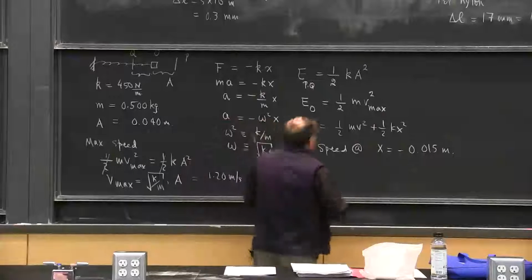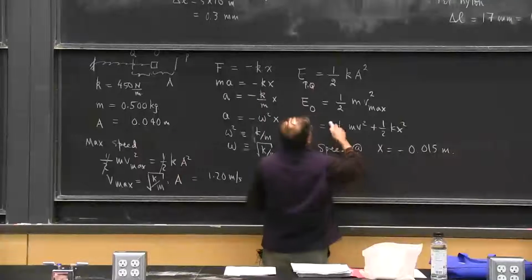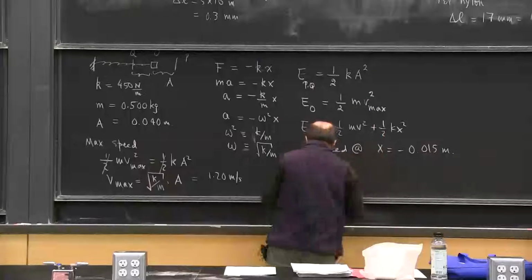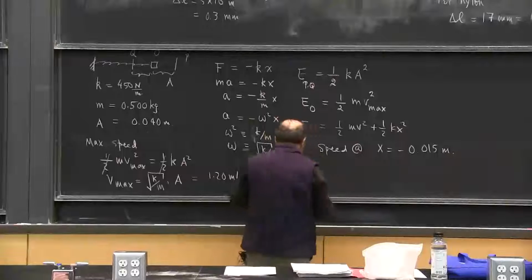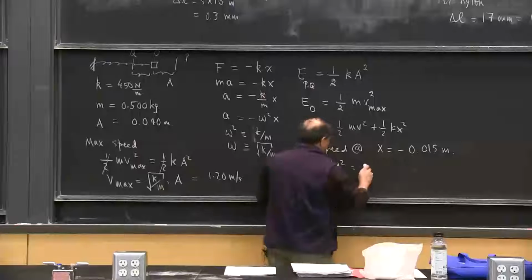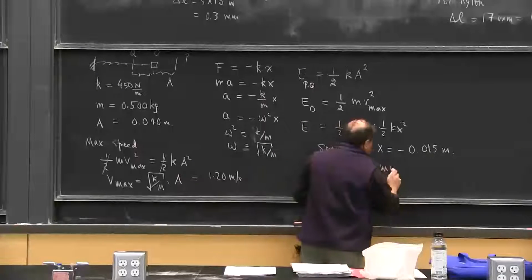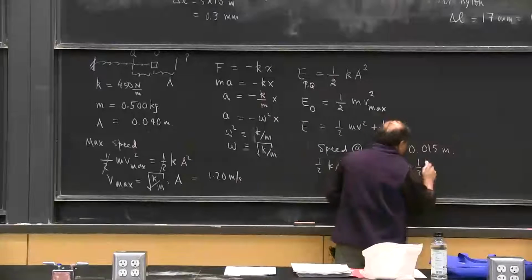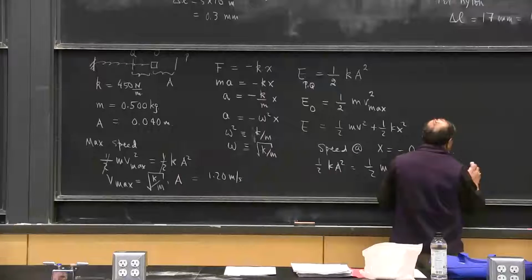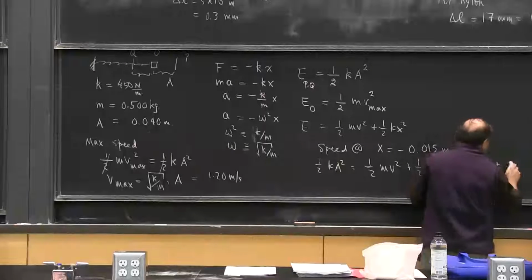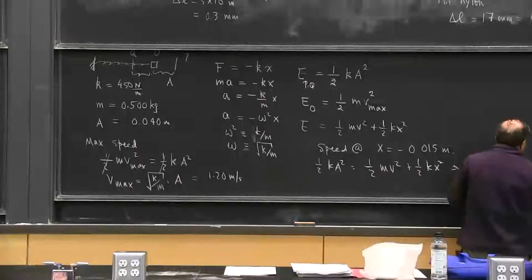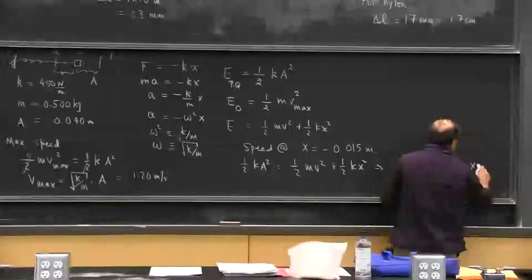And the easiest way to do that is actually by relating k a squared or Vmax squared to this, because this is for any point. And so I should be able to write, let's say, half k a squared is equal to half m v squared plus half k x squared, which means that I should be able to write v as plus minus square root of k over m times square root of a squared minus x squared.